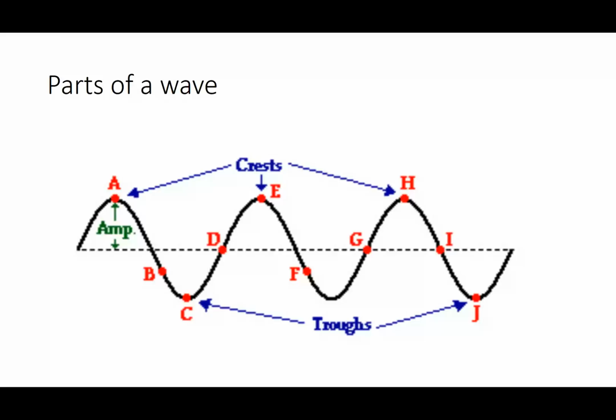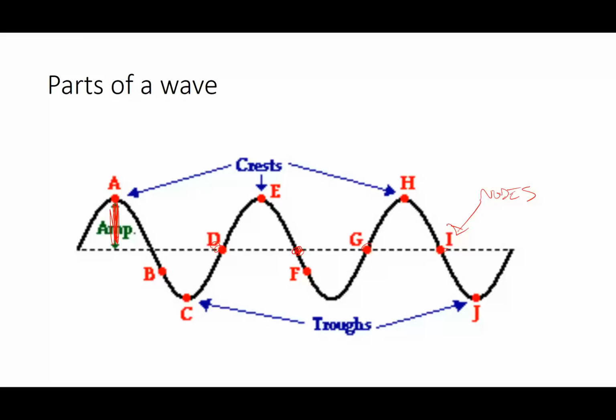The crest is the top, the bottom is the trough, amplitude is the distance from the middle all the way up to the top. All these little guys, D, G, I, and this guy not labeled here, these are called nodes.